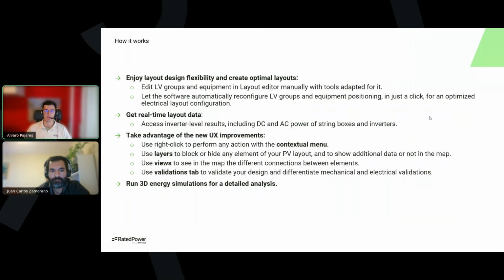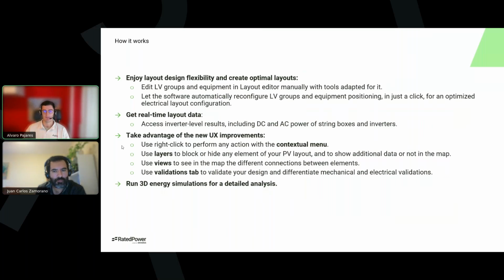We have also incorporated options for accessing inverter level or box level results, including the DC-AC ratio and DC power of string boxes and inverters inside the map, so that while we are editing, we have information about them in real time. While editing, we can see how loaded inverters or boxes are.